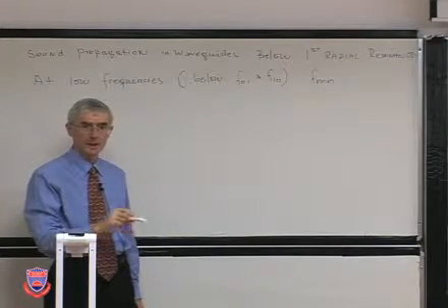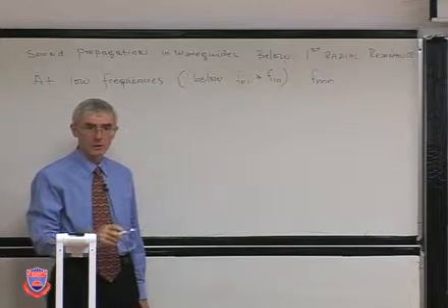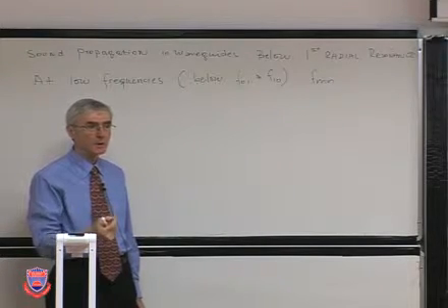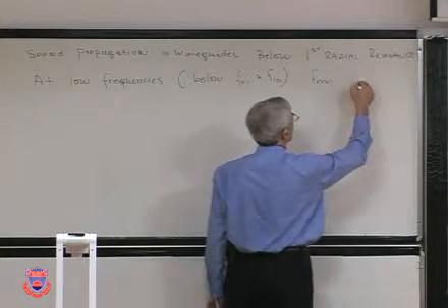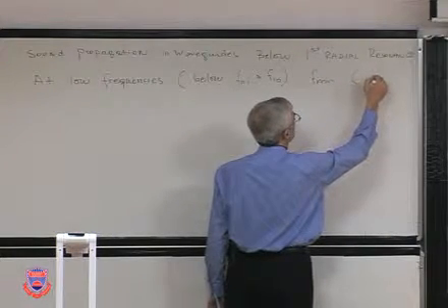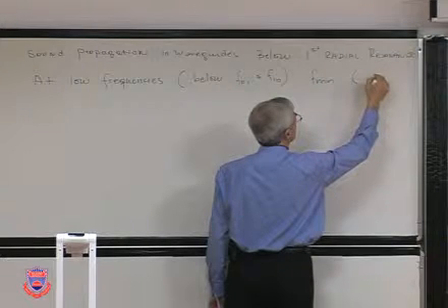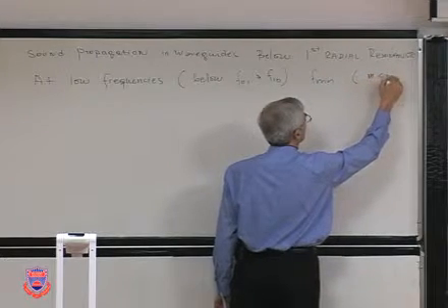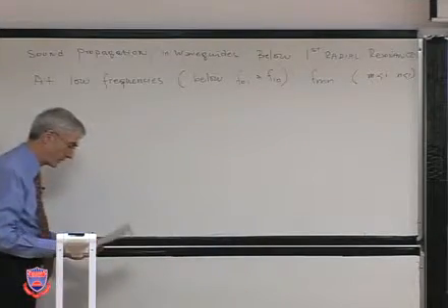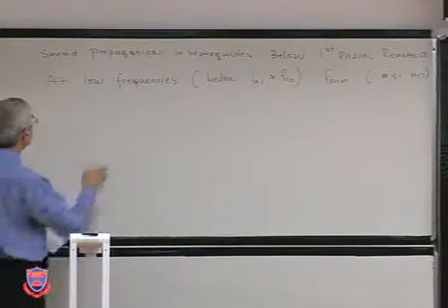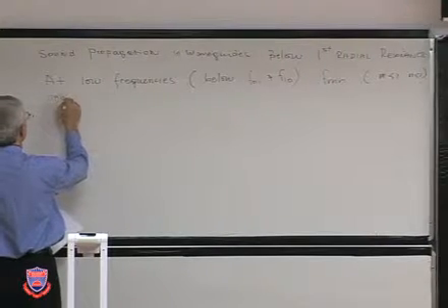Remember, we just did M and N modes. And so if it is below the radial frequency in either direction, that means M less than 1, N less than 1. So below those frequencies, only plane waves.